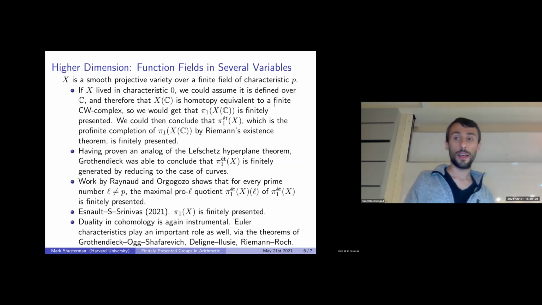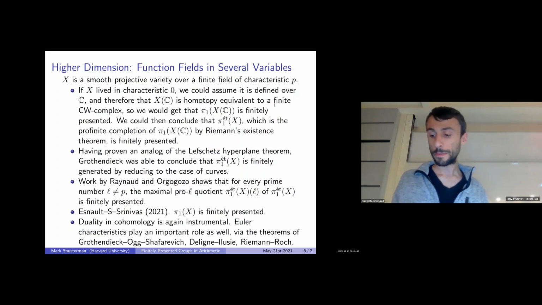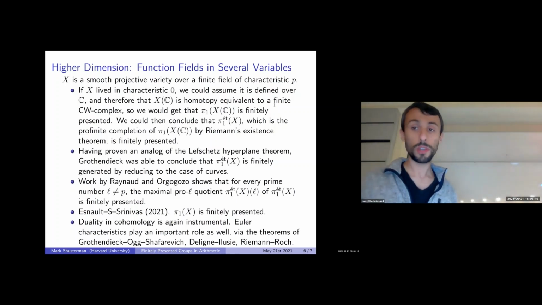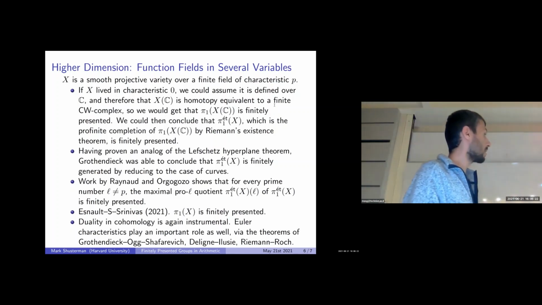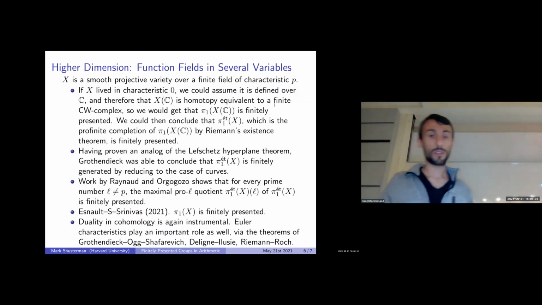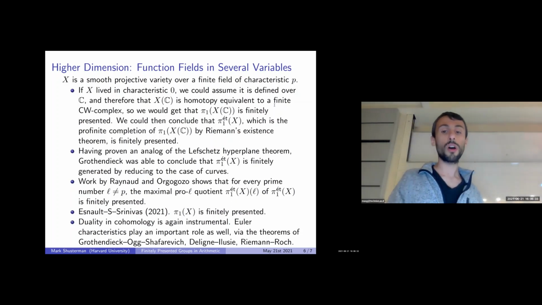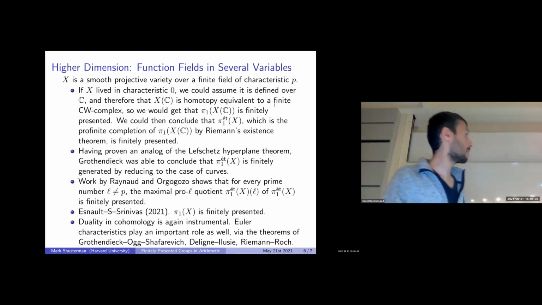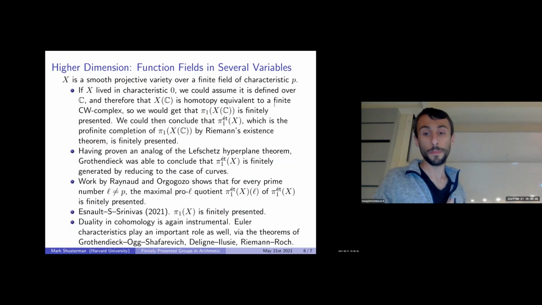As in all my previous slides, a very important tool is this duality in cohomology. Now the cohomology is going to grow to arbitrary dimension because I'm working with varieties in arbitrary dimension, but nevertheless, it's possible with this Lefschetz hyperplane theorem of Grothendieck to reduce to dimension 2, where you don't have so much cohomology, and then make a comparison between the cohomology of the profinite group and some étale cohomology and coherent cohomology.